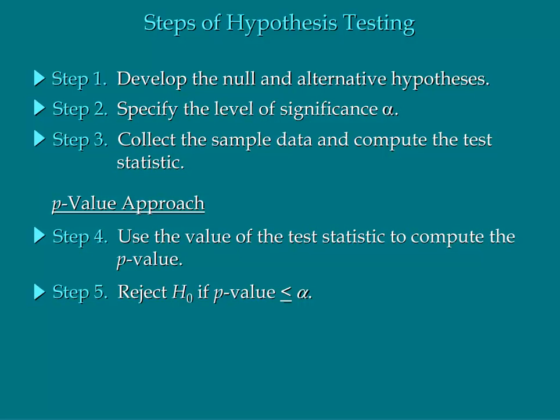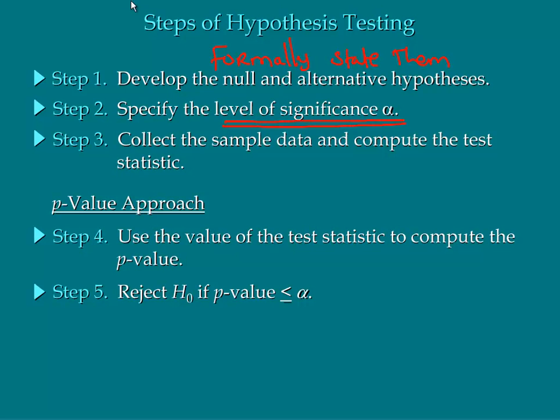So the steps: develop the null and alternative hypotheses and formally state them. Specify the level of significance alpha.